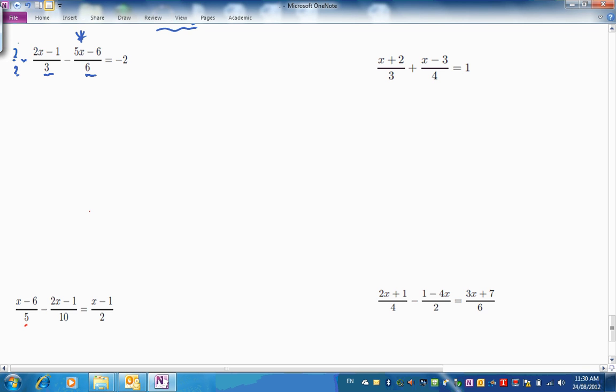So let's do that. 2 times all of this is 4x take 2 over 6. Take 5x take 6 over 6. And let's change this to -2 over 1, and changing that to 6 as well.